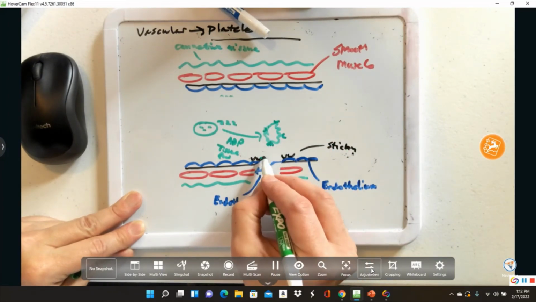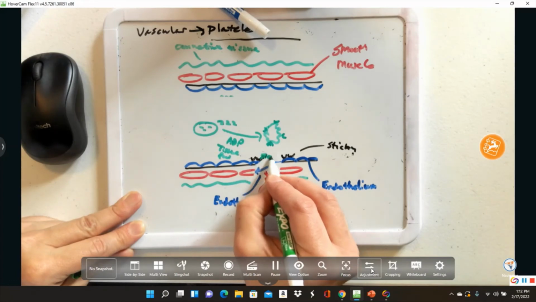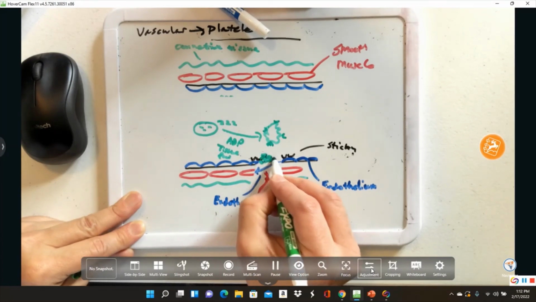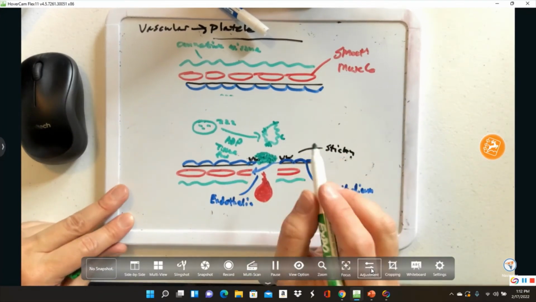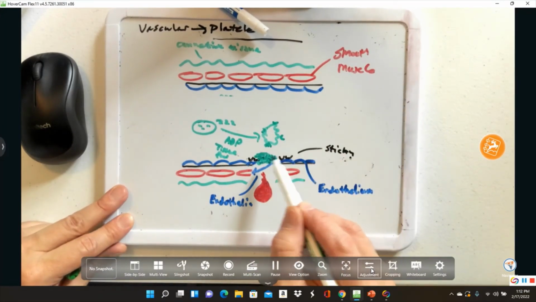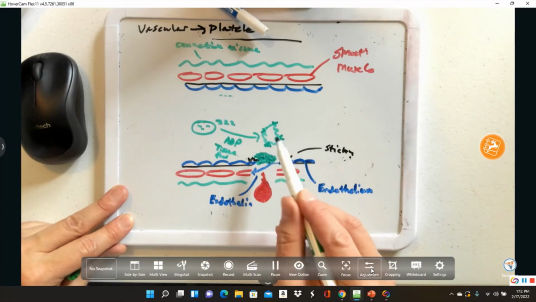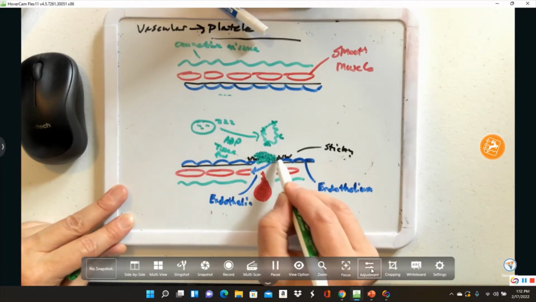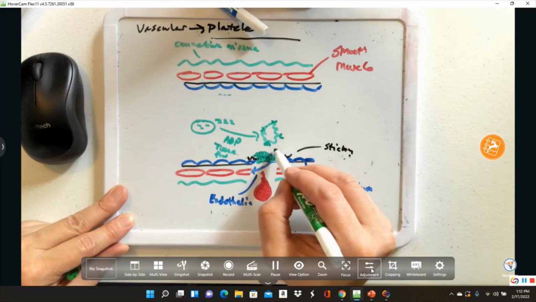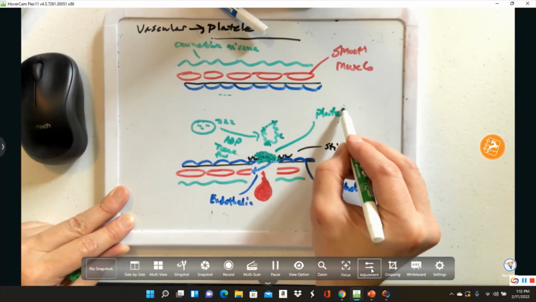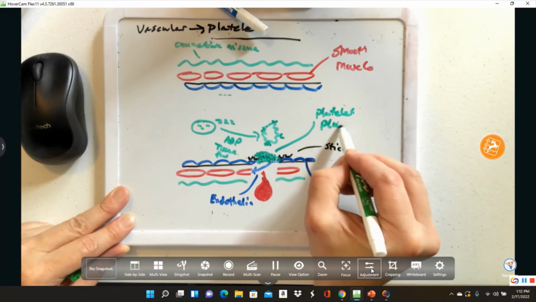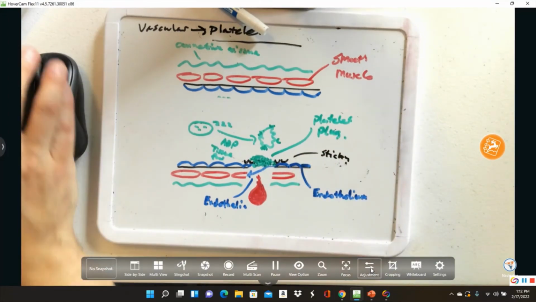And these hooks will catch. You're going to start to get platelets coming in here. Remember, platelets like to party. These platelets come in and gather together. They stick to surfaces and they clump together, and you get what is called a platelet plug. So let's talk about that a little bit.